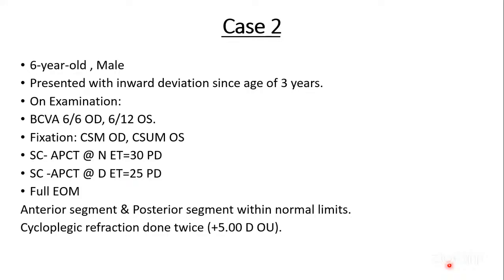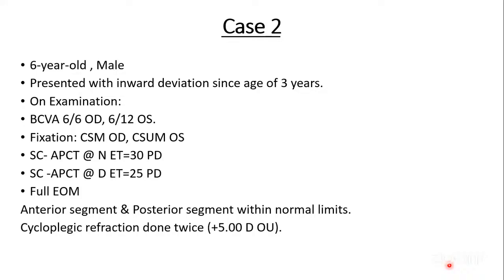If the patient is having residual esophoria or esotropia, something within 8 to 10 prism diopter, that is still microtropia, but we can say that this is a fully refractive accommodative esotropia.